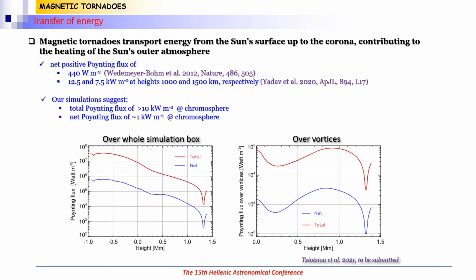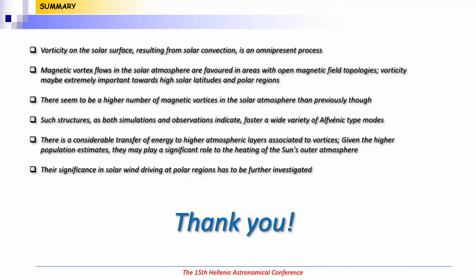We have explored simulations, and they indicate that the total Poynting flux is more than 10 kilowatts per square meter at the chromosphere, while the net Poynting flux is almost 1 kilowatt per square meter at the chromosphere. So these numbers are well in accordance with numbers previously reported in the literature. But we have to keep in mind that the numbers of vortices that we now find are much higher than previously reported.